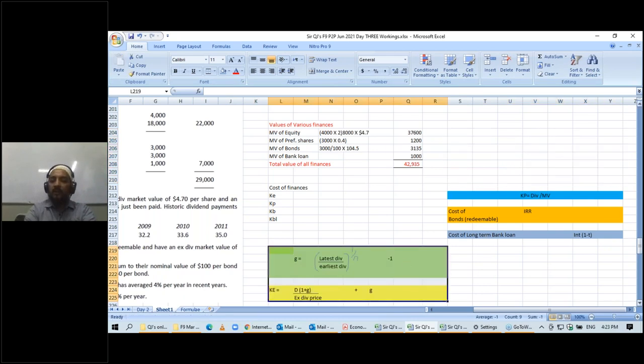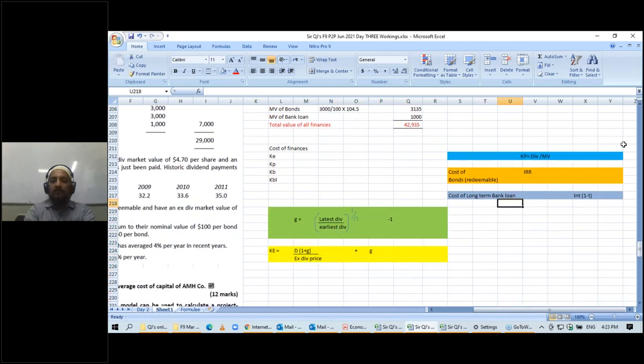First, we have to calculate the growth rate, and then we will put the growth rate into the dividend growth model, the cost of equity formula. So we have to put the growth rate in two places, right? And then the dividend, this year's current dividend, is multiplied by 1 plus the growth rate, and this is divided by the ex dividend price, which is $4.7 right now. So it will be placed over here.